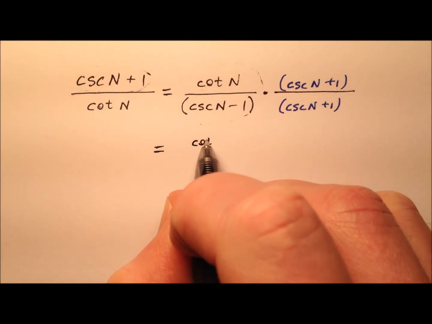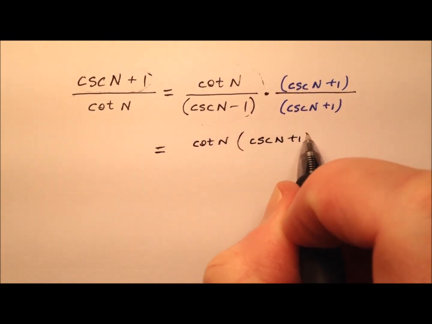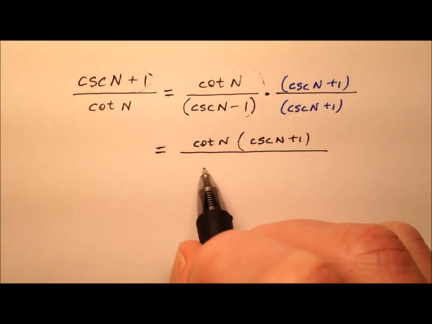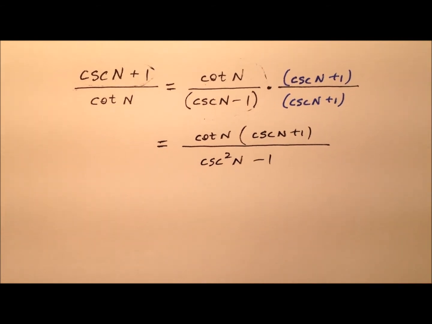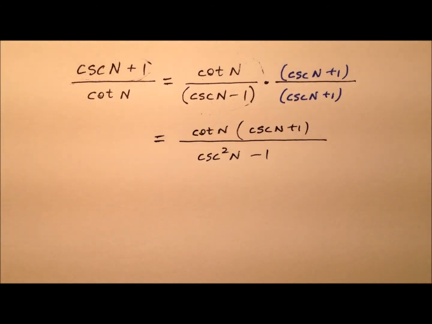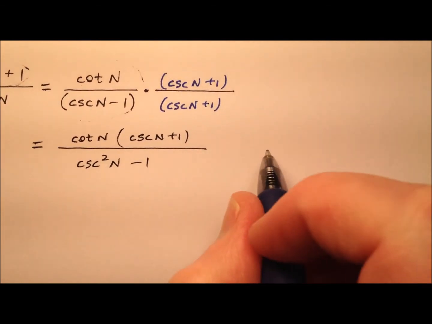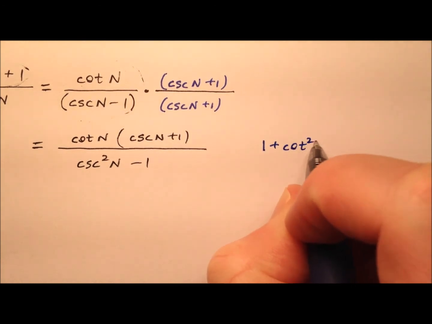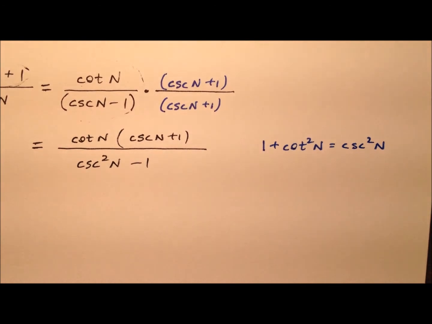So we have cotangent n, and I'm not going to distribute that through because my numerator almost looks the way it needs to already. But the denominator is going to be cosecant squared n minus 1 when I multiply through. We have a nice Pythagorean identity that I already mentioned: 1 plus cotangent squared n equals cosecant squared n.